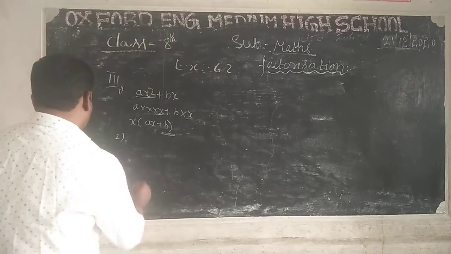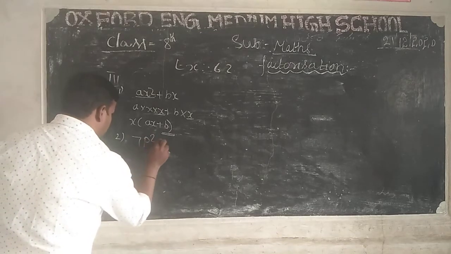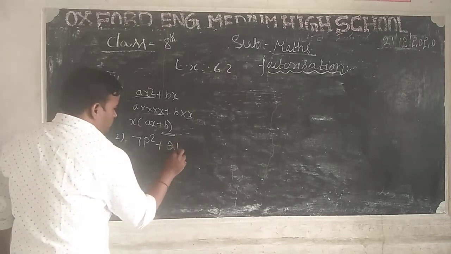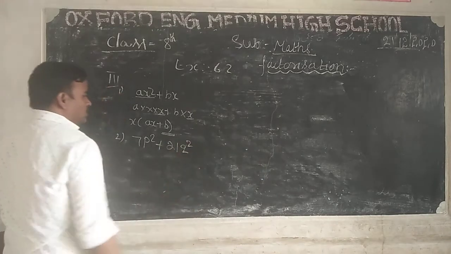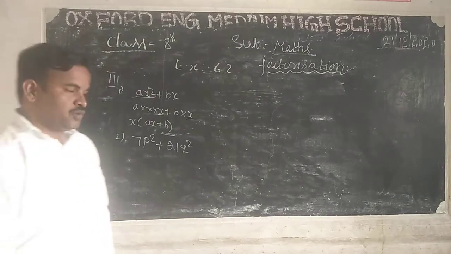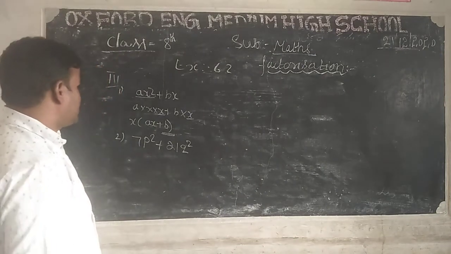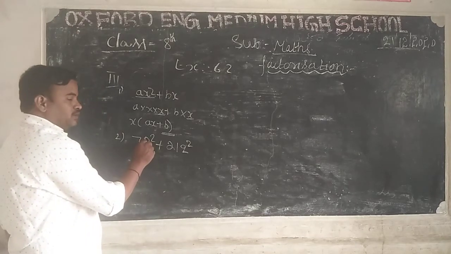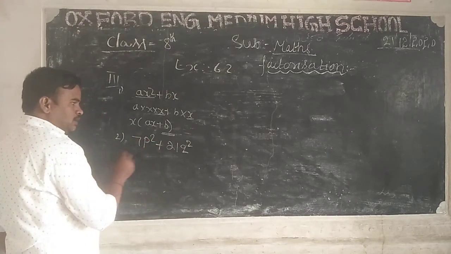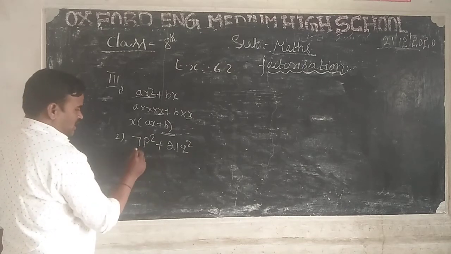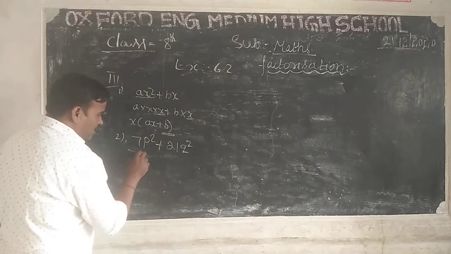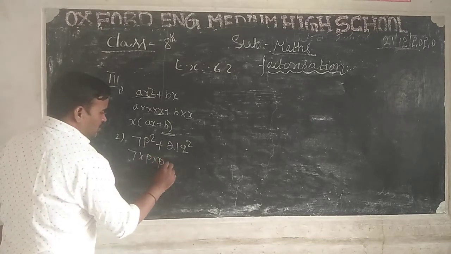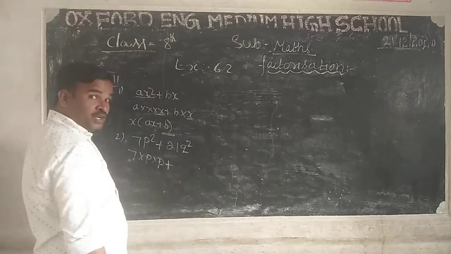7p square plus 21q square. Here also we split the terms into first term and second term. In the first term, 7 into p square, p into p, plus 21.